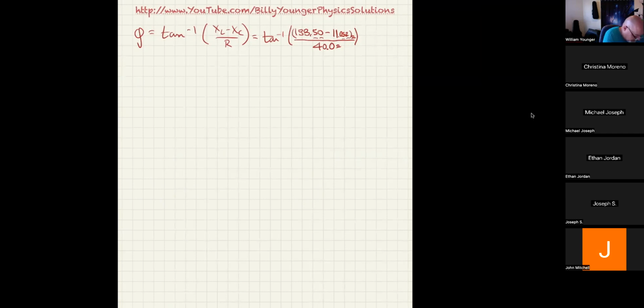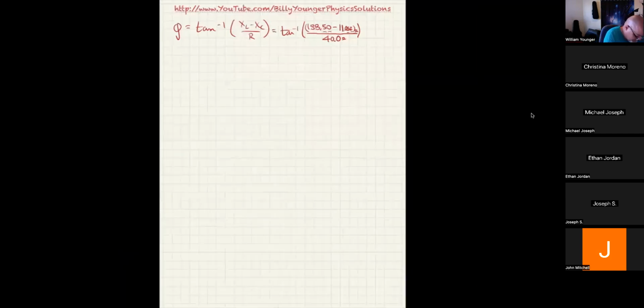So I'm getting that phi is equal to the inverse tangent of 4.436. That has no units. So I'm going to say second function tangent inverse, second function answer. And that gives me 77.29.